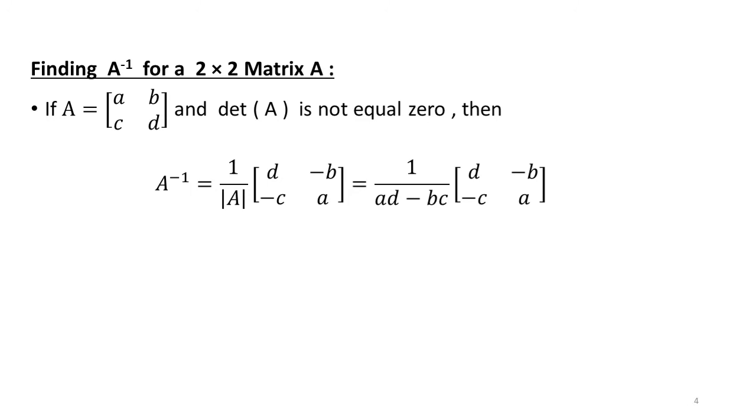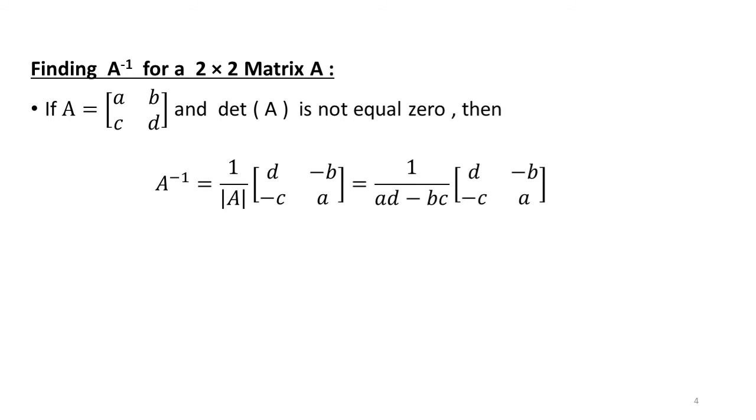Then A inverse is equal to 1 by determinant of A, times the matrix where we interchange a and d. See, d in the place of a and a in the place of d, and also we change the sign of the other diagonal, b and c.